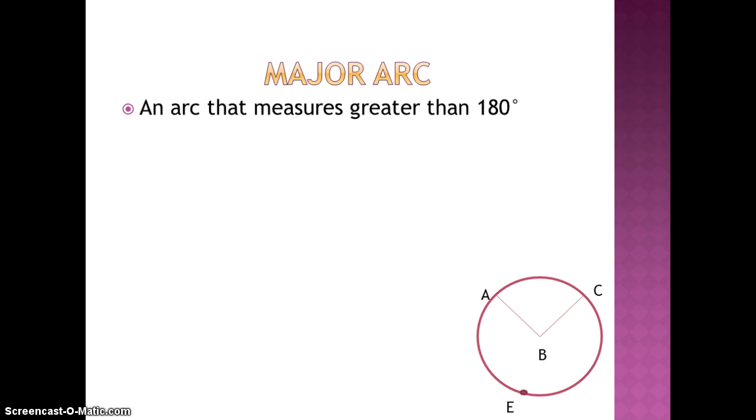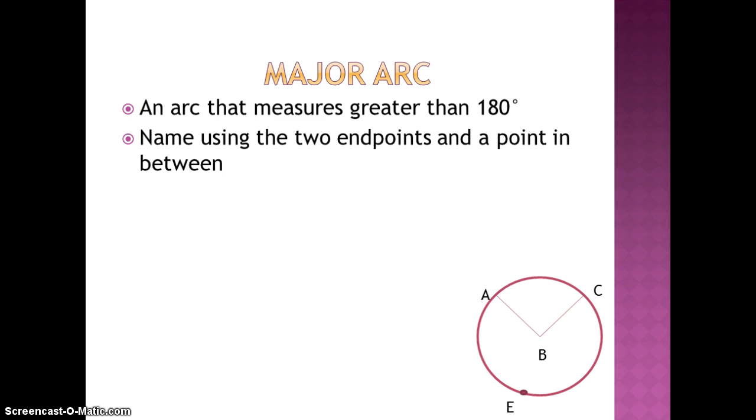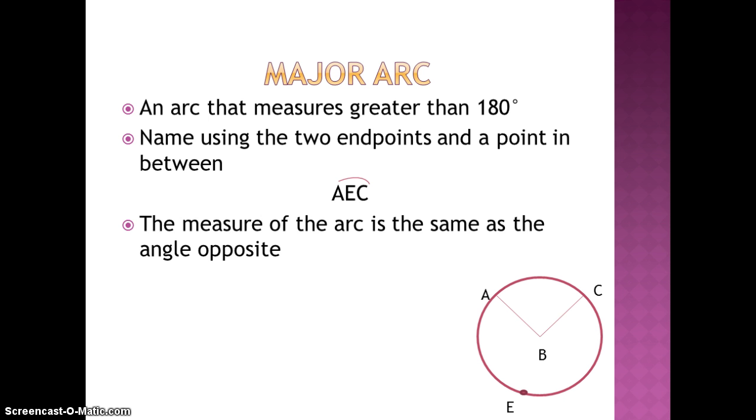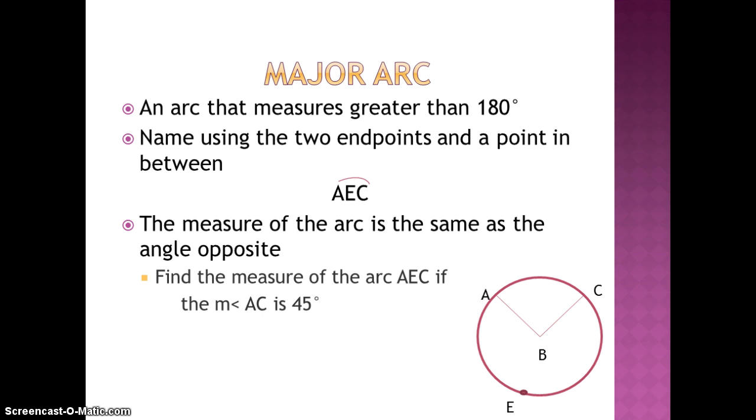Major arc, an arc that measures greater than 180 degrees. We're going to name this using the two endpoints and a point in between. So we have arc AEC. E is our in-between point. The measure of the arc is the same as the angle opposite.